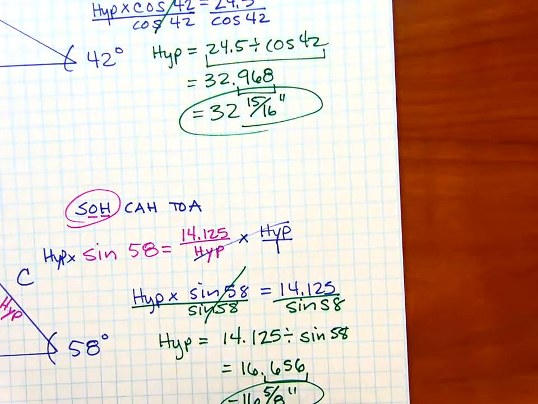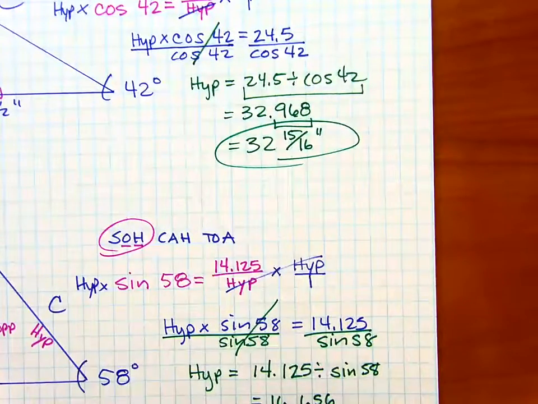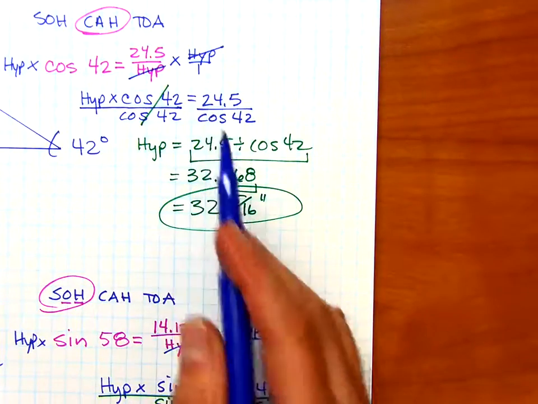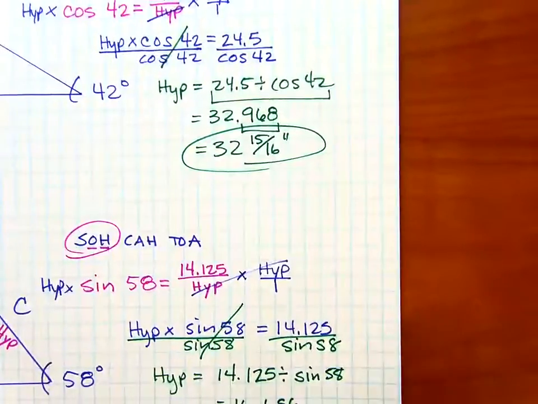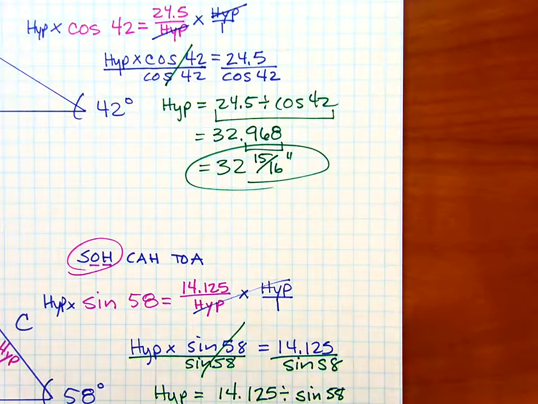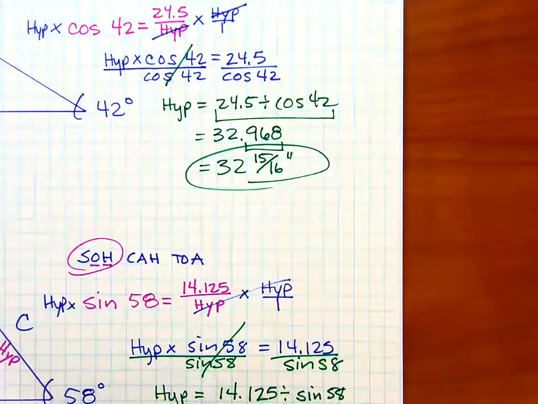Now, the more that you do these, you're going to see the pattern. There's actually a little trick to this. I'm not going to show you the trick because I want you to do these problems over and over again, and then you'll have that light bulb moment and see the trick, and then you'll do the trick because it will be obvious to you.